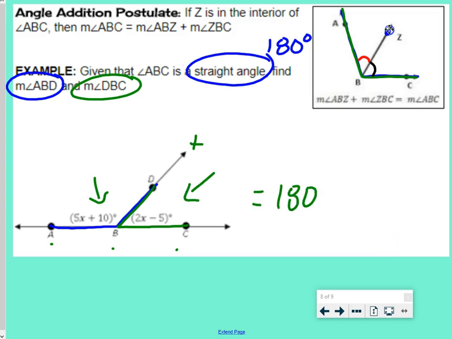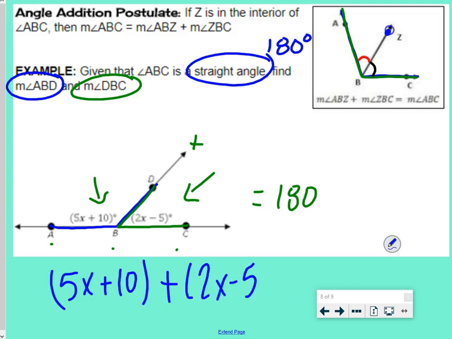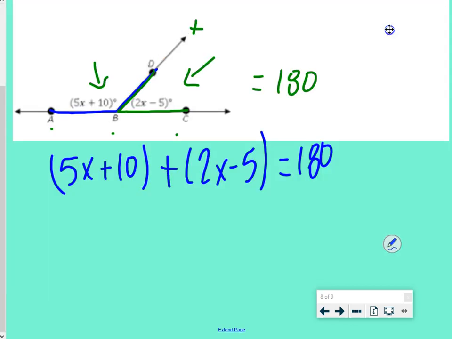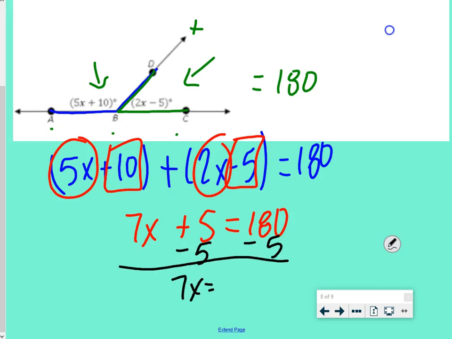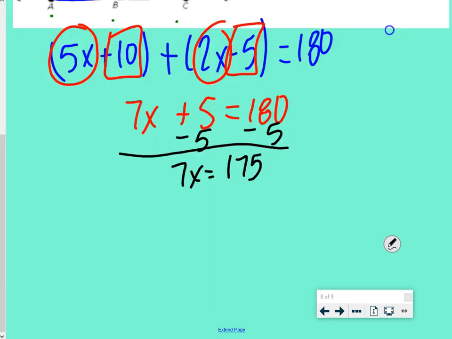If we set up an equation to solve, 5x plus 10 added to 2x minus 5 is going to equal 180. Add your like terms, down to a two-step equation. Undo plus 5 with a minus 5, we get 7x equals 175. Divide both sides by 7, and we get x equals 25.